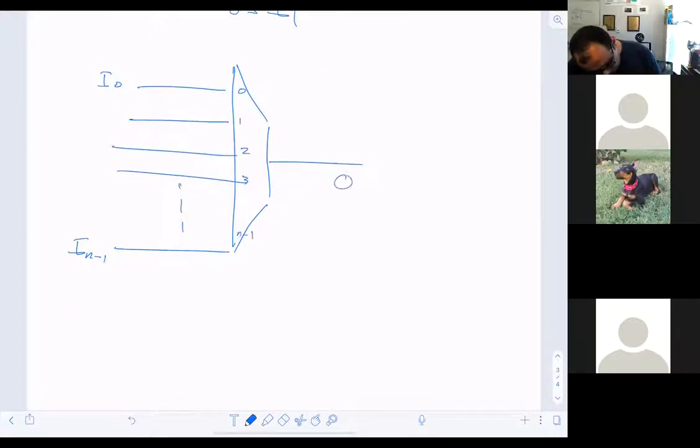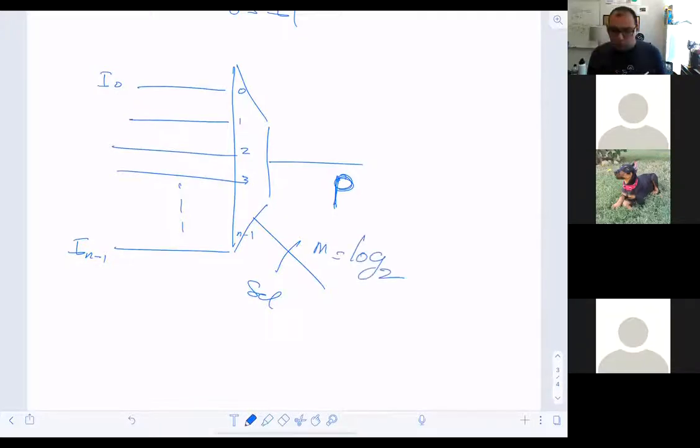And I have an output, let's call it P. I need to know the size of the select in terms of number of bits. So in this case, M is equal to log 2 of N, because 0 to N minus 1 is N inputs, right?